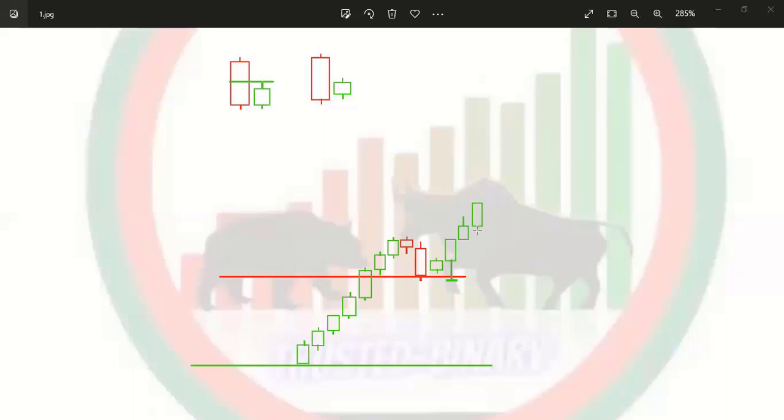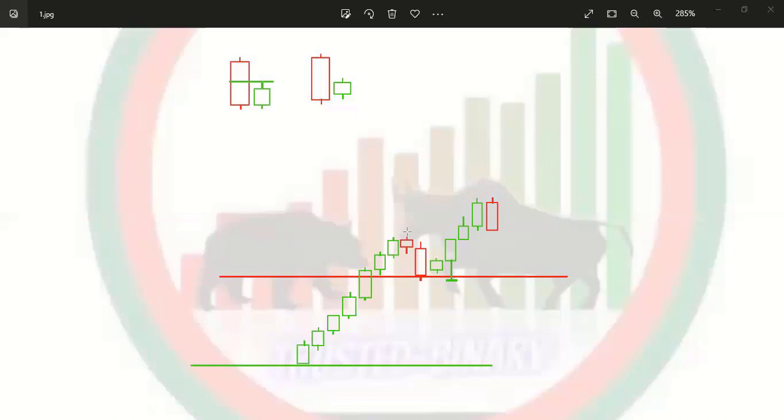Okay, in this case, now if we see, market again reverses and starts falling down from this area, by creating a candlestick pattern. Suppose it creates a bearish engulfing pattern, and previously, for the first time, it was acting as a resistance level in this case.